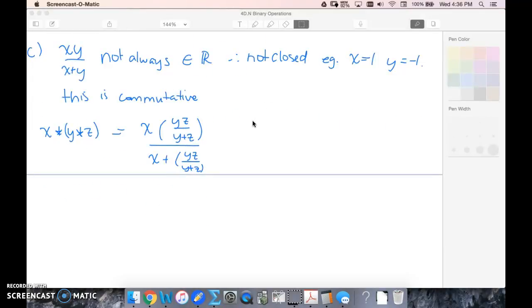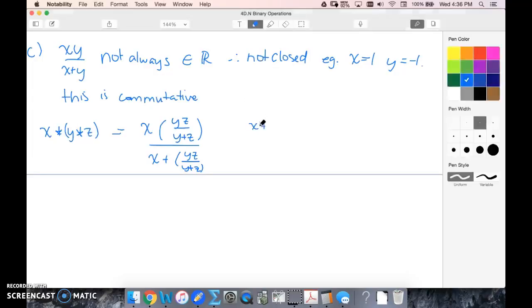All right, looking at the right-hand side, we're going to have (x star y) star z. So we're going to end up with xy over (x plus y) times z, over xy over (x plus y) plus z.